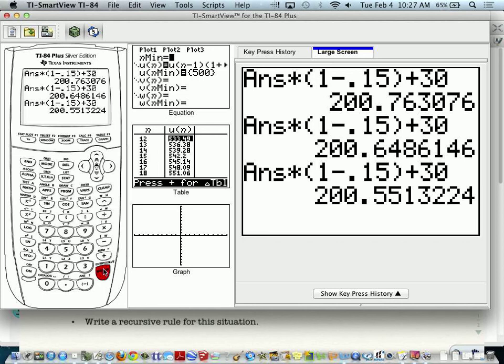A faster way to do this is to take your common difference number 30 and divide by the p-value in the problem, and that will also generate the long-term value. So you can do it with the calculator, which you saw me do, or the algebraic method that we just looked at.